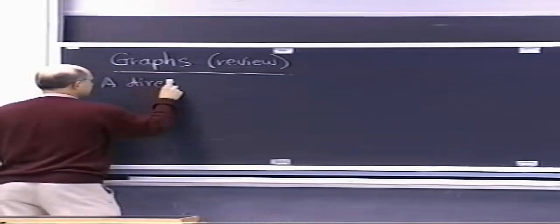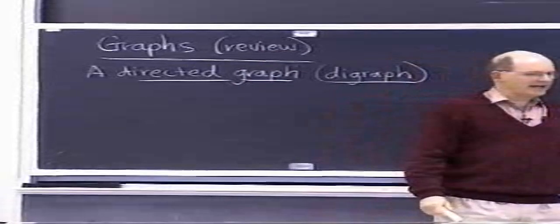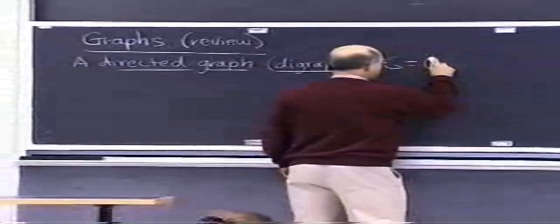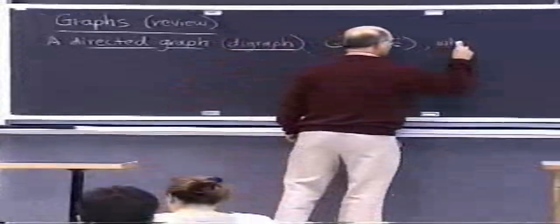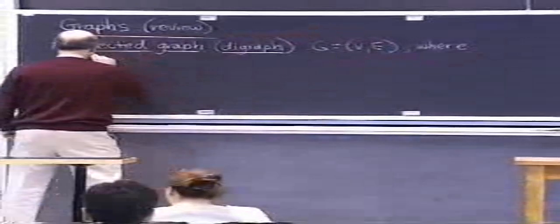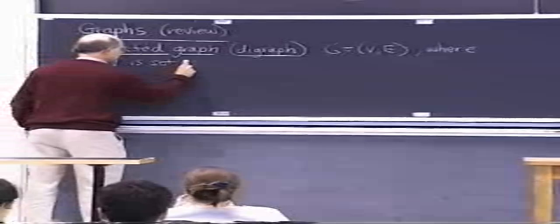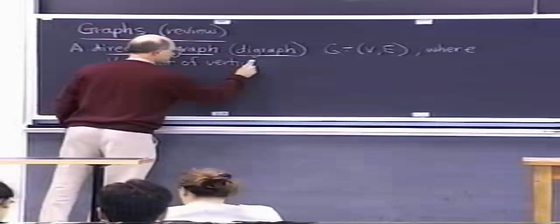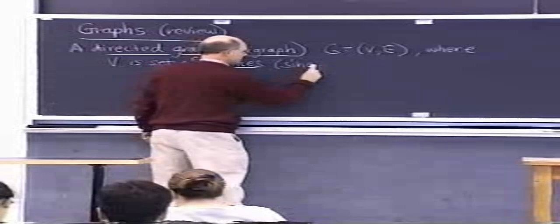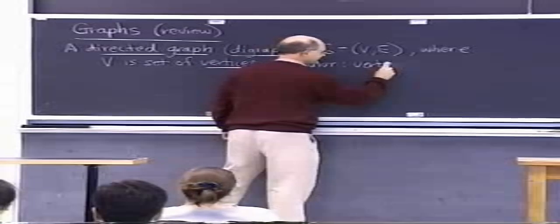Okay, so a directed graph, sometimes called a digraph, is a graph G equals (V, E), where it's a pair G equals (V, E), where V is the set of vertices, and the singular, because I always get somebody talking about a vertice, is vertex, not vertice.